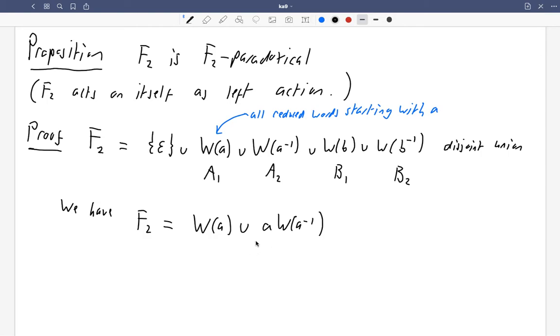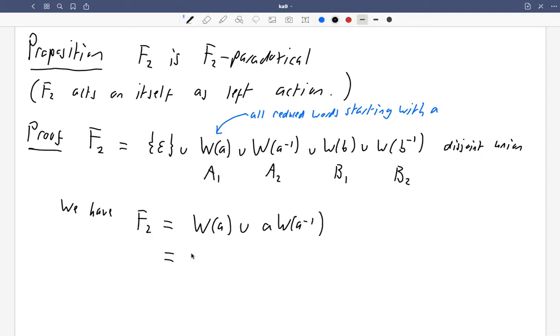Or it begins with A to the minus 1, in which case, if we add another A to the minus 1 to the start of the word, then we can get the word as A times A to the minus 1 times the word beginning with A to the minus 1. Or if it begins with B, we can do a similar thing. So it's very easy to check this equality here.